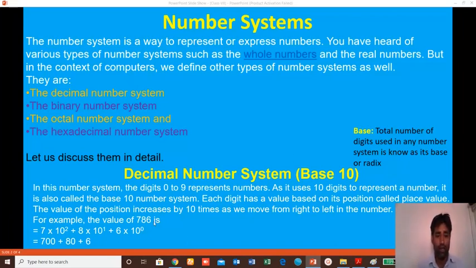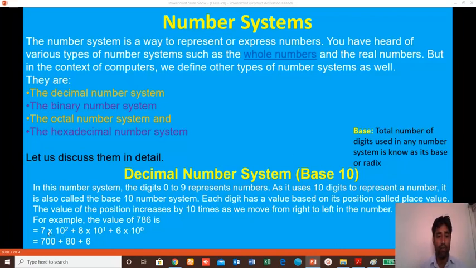Here 6 is the least significant digit, and its value can be calculated by multiplication with its base. Base is 10. So 6 into 10 raised to the power 0. Then we will add to it 8 into 10 raised to the power 1. Then 7 into 10 raised to the power 2.